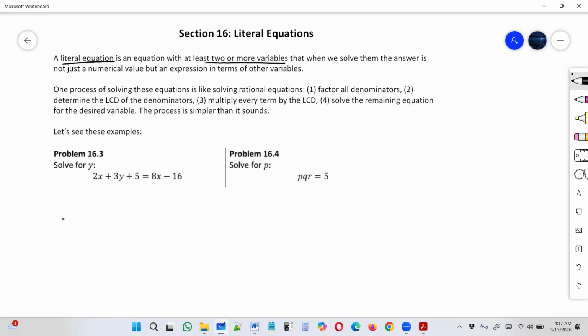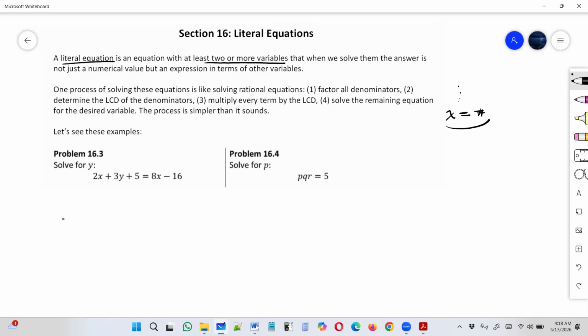So normally when we have an equation and we need to solve it, we have an equation in terms of a single variable, and when we solve it at the end, for example, assuming that the equation has just one variable x, our answer is going to be x equals a number. Now, in literal equations, that doesn't happen because we have maybe multiple variables.